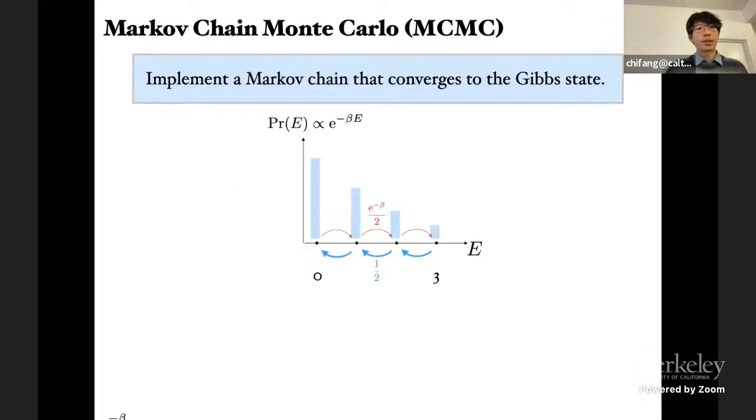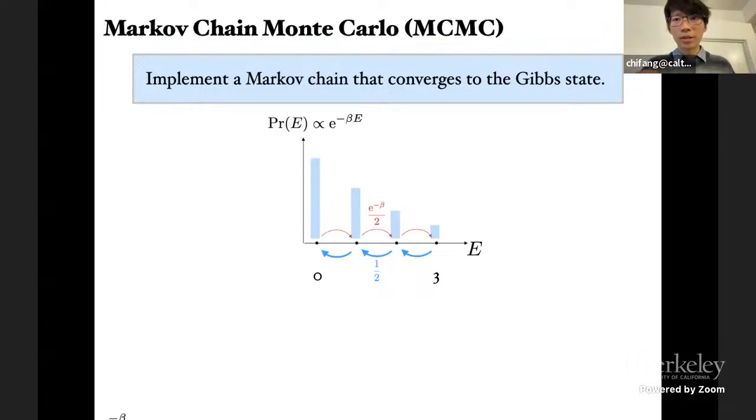Let's begin our talk by reviewing the classical Markov chain Monte Carlo methods. The spirit there is that you want to implement a Markov chain that converges to the Gibbs state. Look at this simple example, a random walk on a line. There are 4 energy states from 0 to 3.